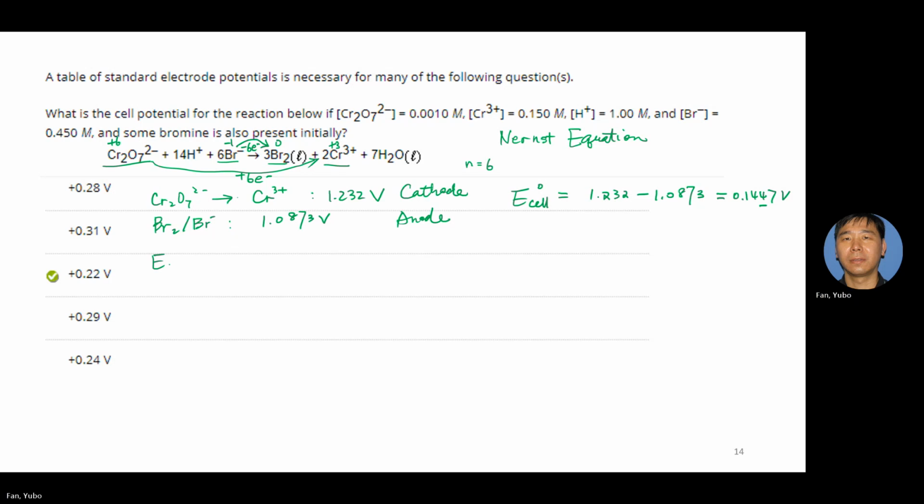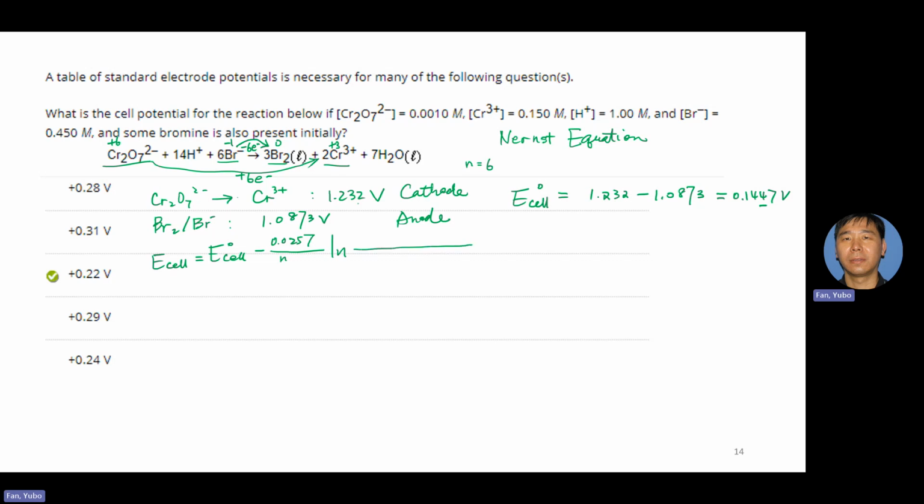E cell equals E cell 0 minus RT over nF. We can use the value directly because these are constants. Under room temperature it is 0.0257, times log Q. Q we can get from the reaction.